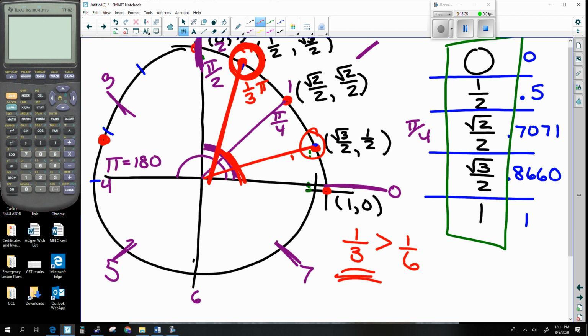Where these little guys are little teeny tiny angles, sixths. Sixths are really teeny tiny angles. And so if you just think of that, that's what they are. So sixths are really teeny tiny, aka they're really close to your horizontal line, because it's a really small angle to get to these sixths.